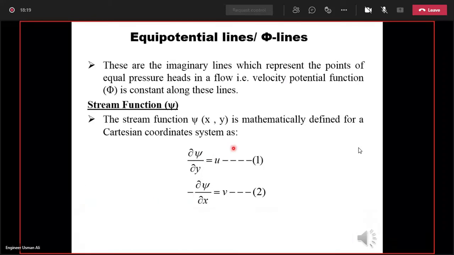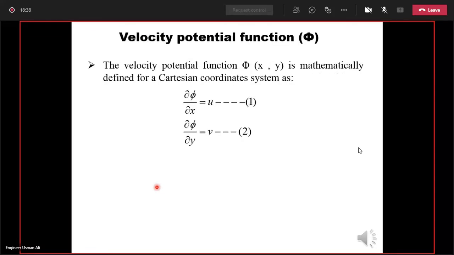You have to keep these two equations in mind. U is partial psi over partial y, and V is minus partial psi over partial x, or partial psi over partial x is minus V. So these are two equations used to define mathematically the stream function in terms of U and V. U is partial psi over partial y, and V is minus partial psi over partial x.